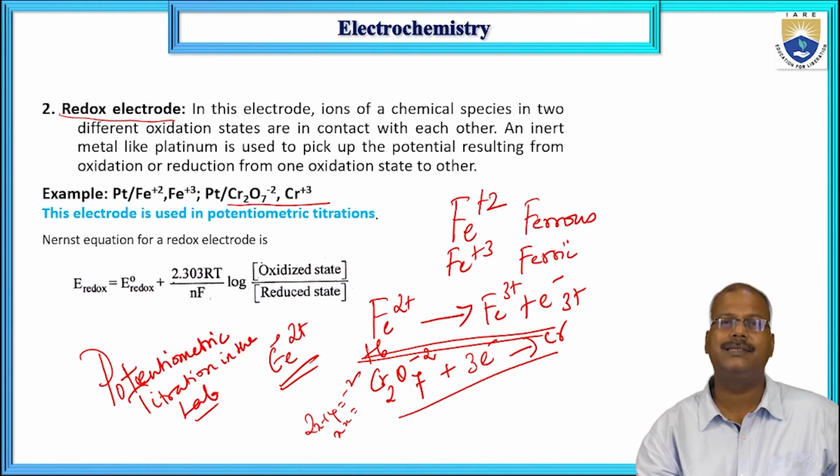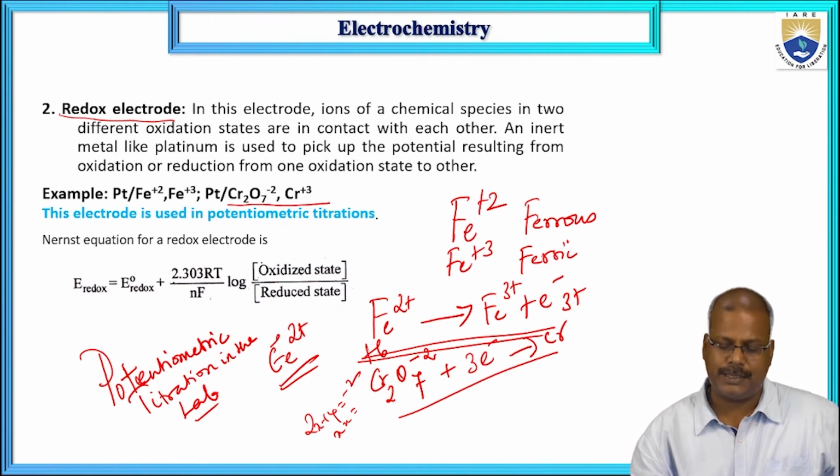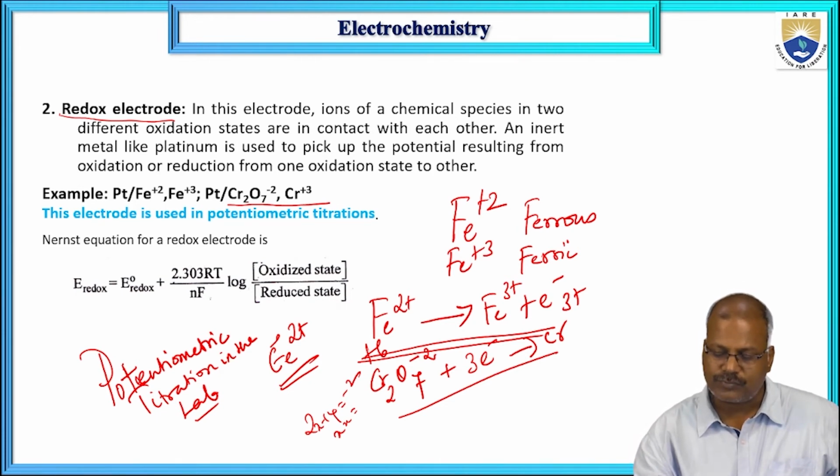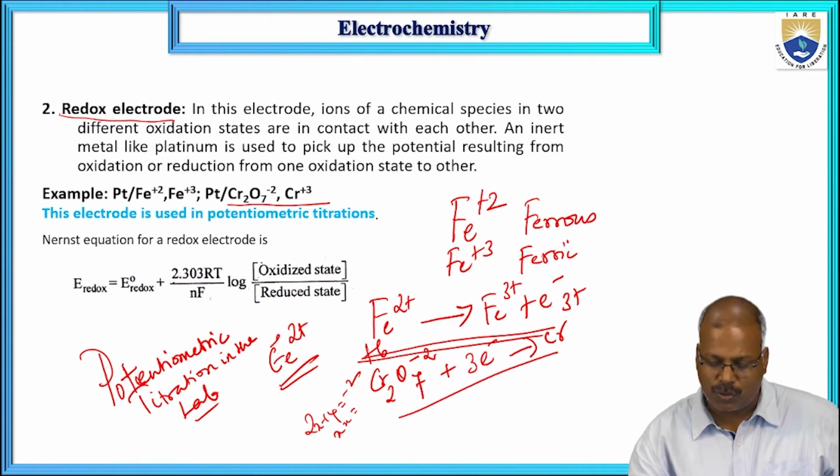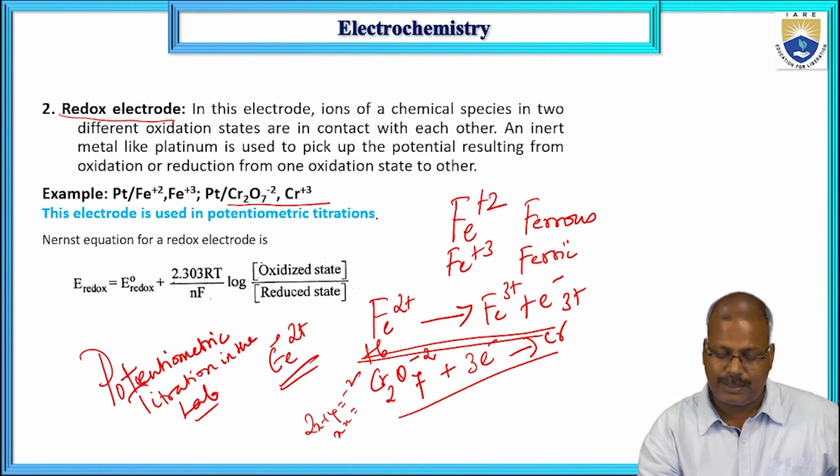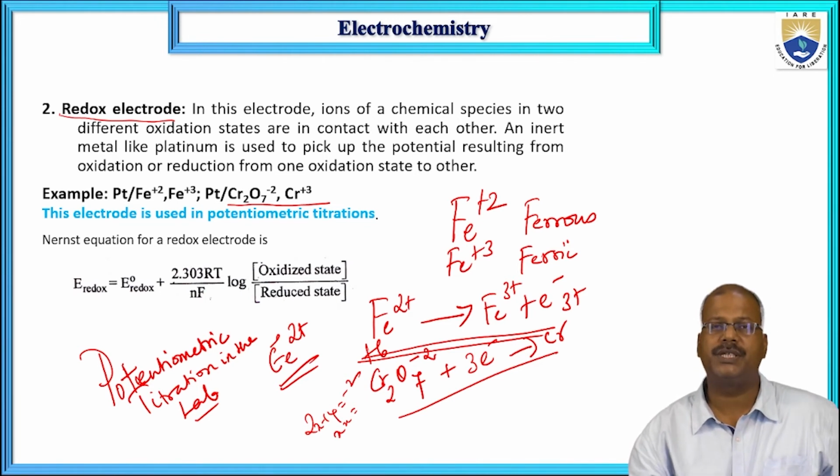The two electrodes of the cell are a calomel electrode and the platinum electrode, which is used as the indicator electrode here. The calomel electrode acts as the reference electrode.